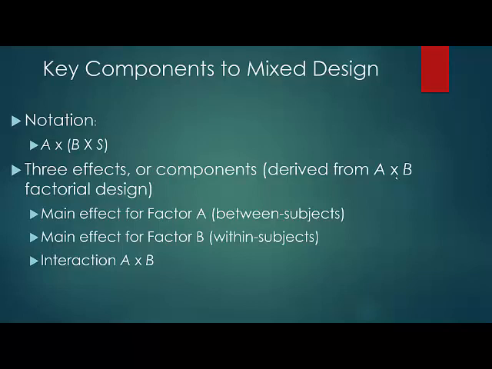In this case, we have three effects or components that we are interested in looking at. It's derived from the A times B factorial design. The first one we're going to be looking at is the main effect for factor A. This is our between group component of the ANOVA.